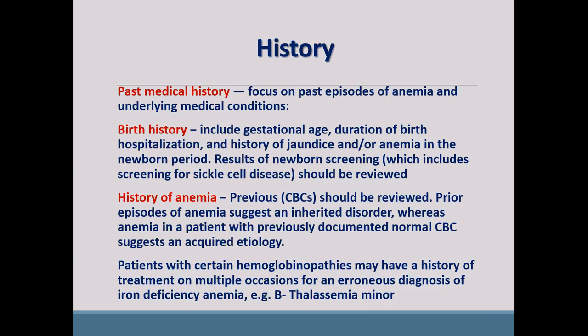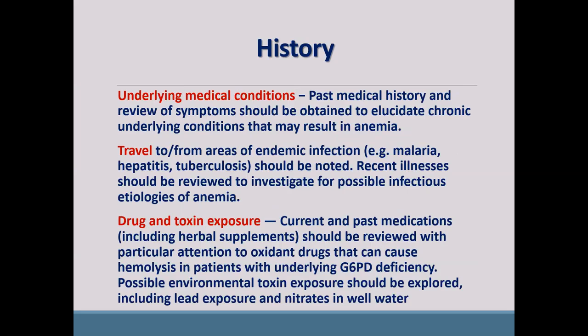Also, patients with certain hemoglobinopathies may have a history of treatment on multiple occasions, especially children with beta thalassemia trait, who may have an erroneous diagnosis of iron deficiency anemia and be given iron treatment, while they do not have iron deficiency anemia but beta thalassemia minor. Also, underlying medical conditions should be elucidated, like chronic liver disease and chronic renal disease, or any other chronic disease which might lead to anemia.